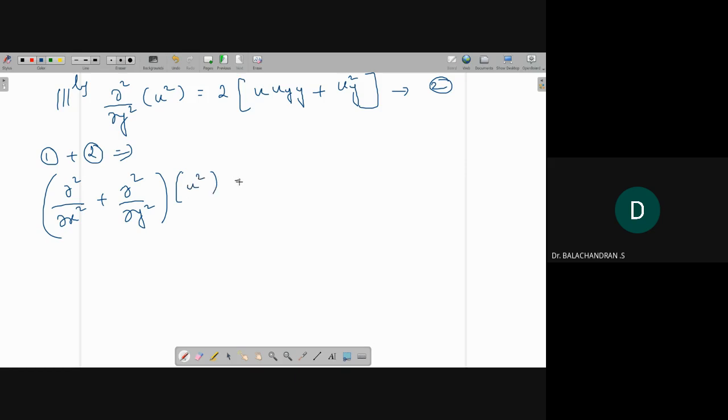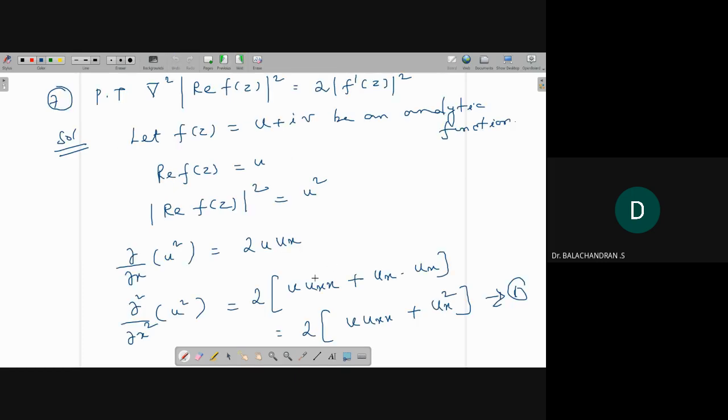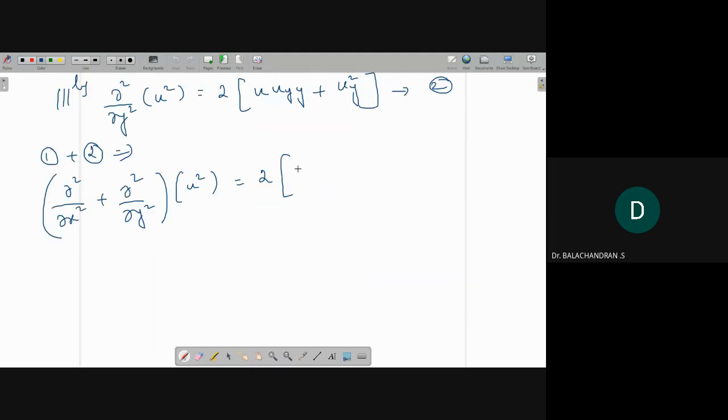Okay, u squared, that is 2. If I take 2 common, you have here u times uxx plus uyy, plus ux squared plus uy squared.